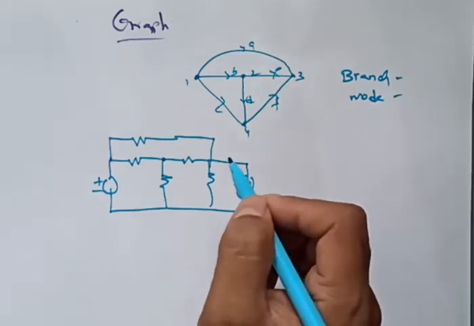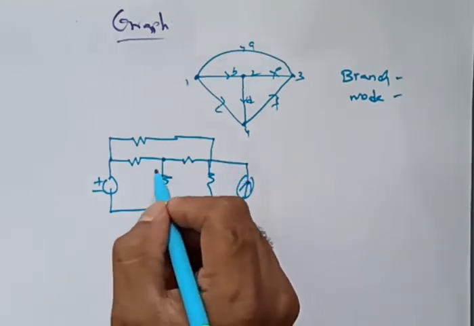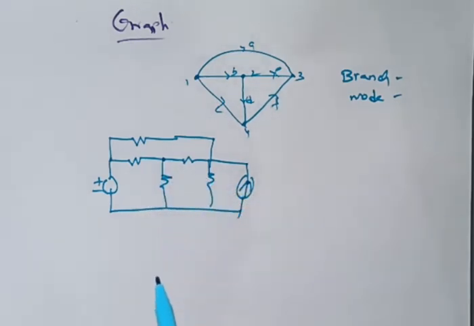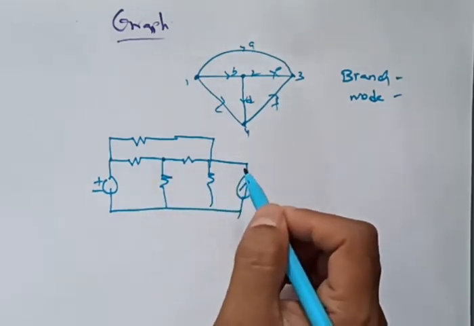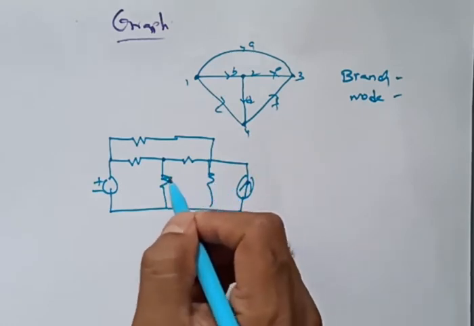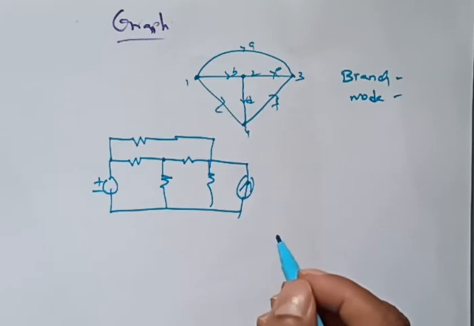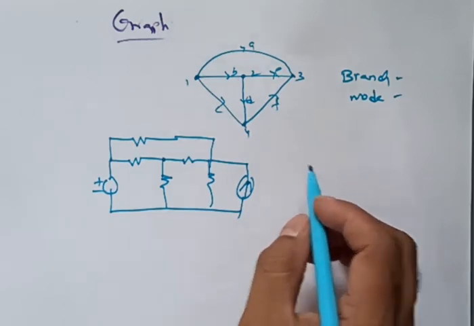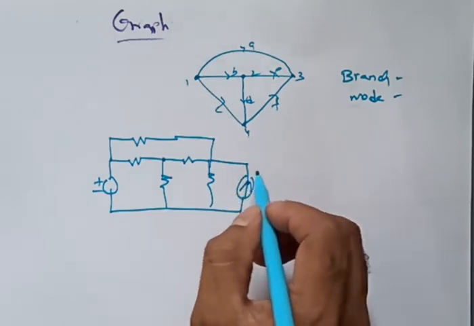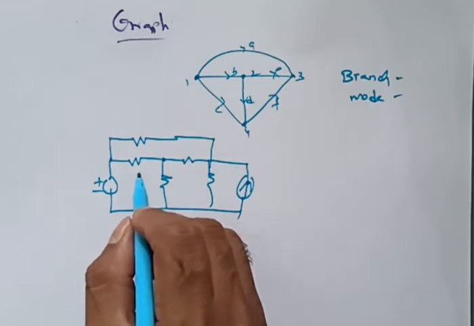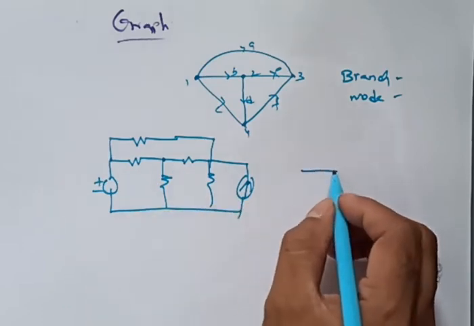By replacing all the passive elements, and the active elements like voltage and current sources, with line segments, we get the graph.